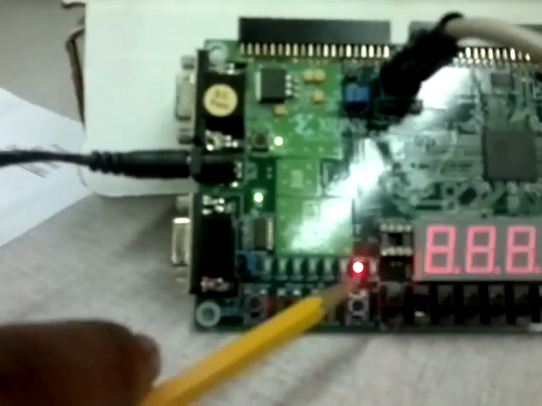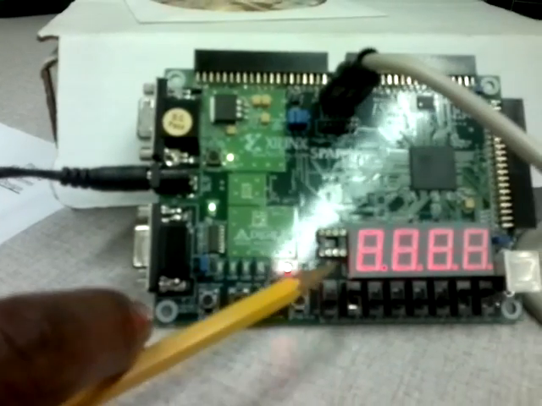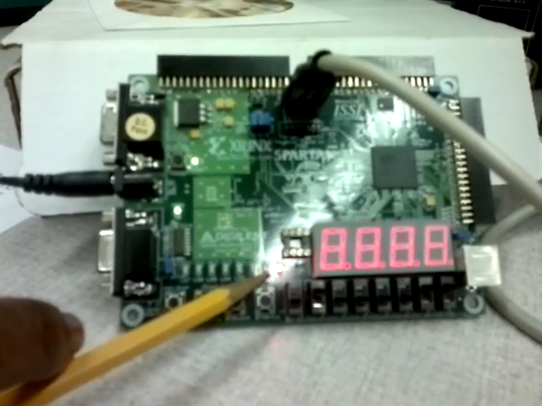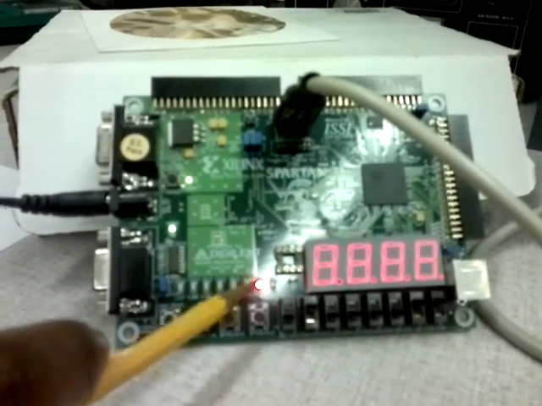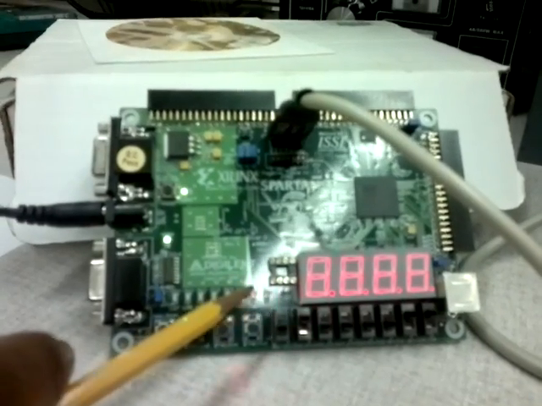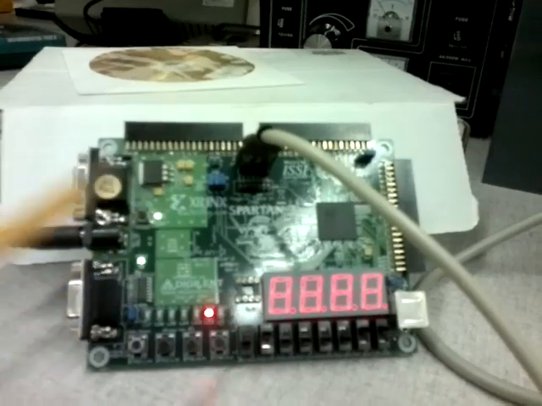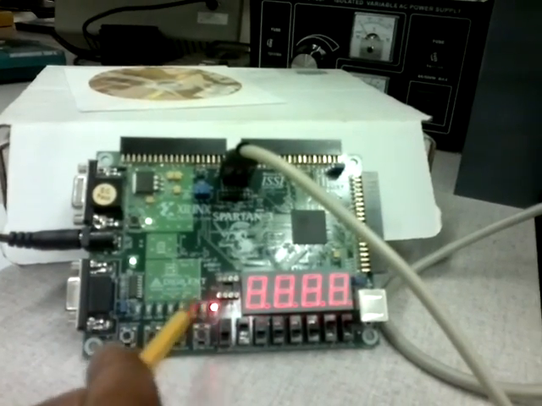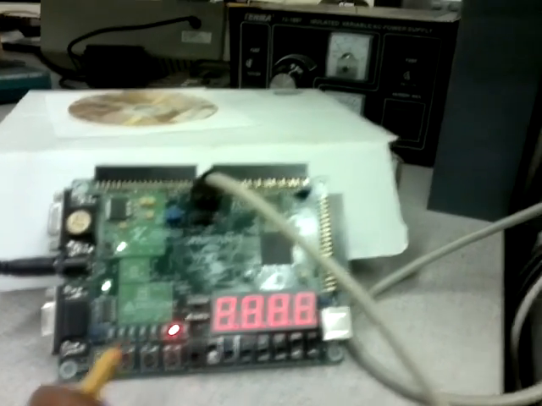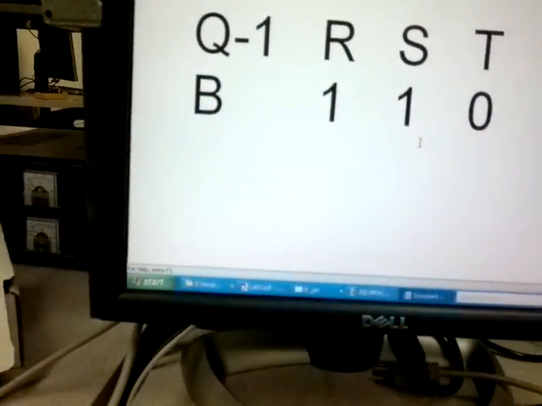And so the machine doesn't just stay at C, but it flickers amongst Q0, Q1, and Q2. So we have A, B, and C being represented here because of this combination.